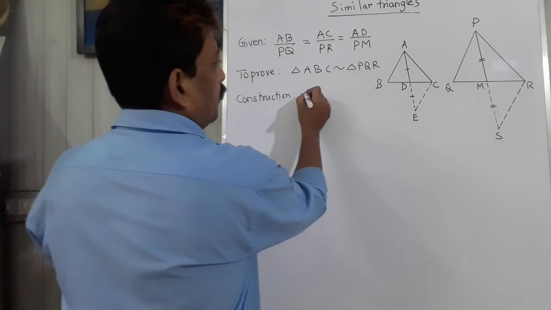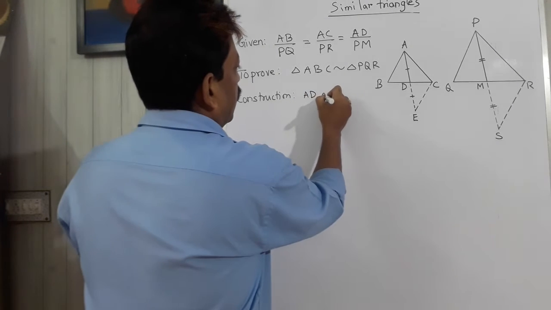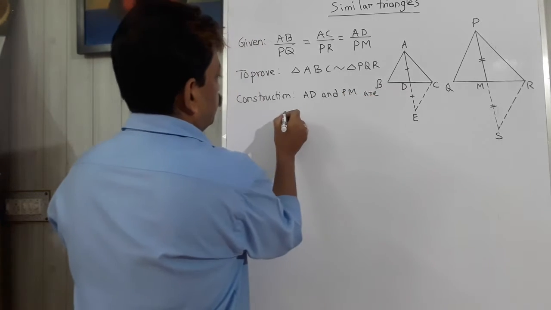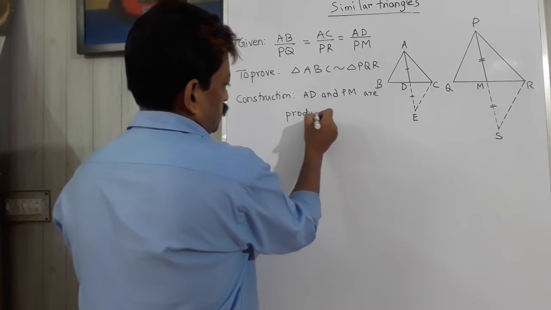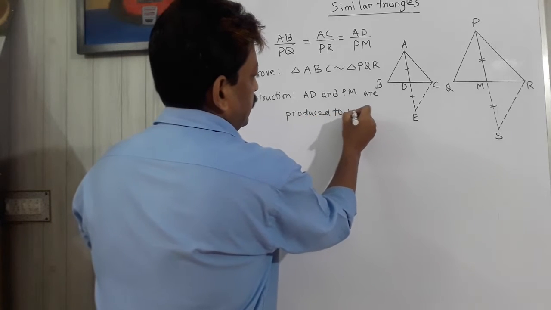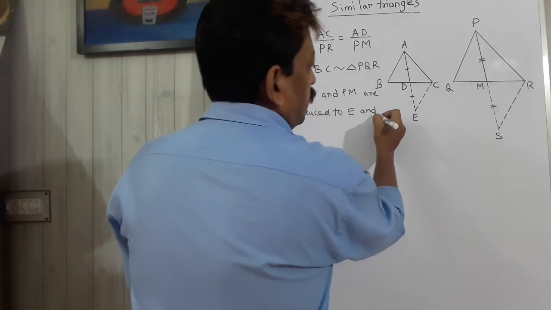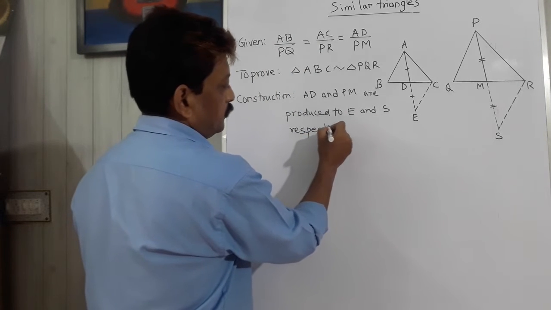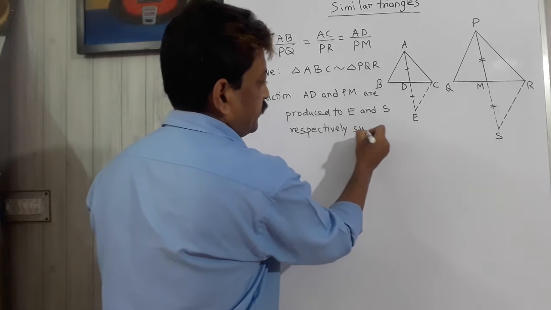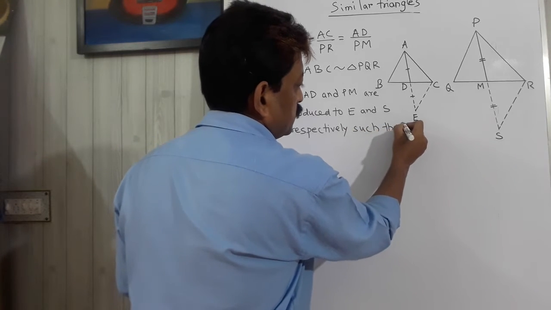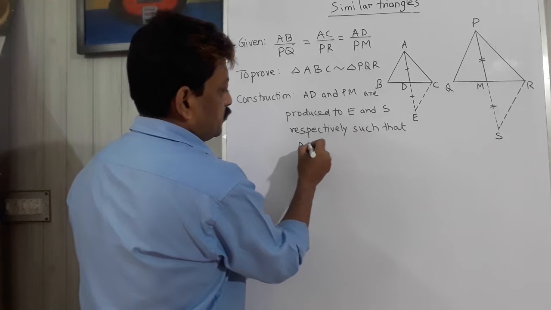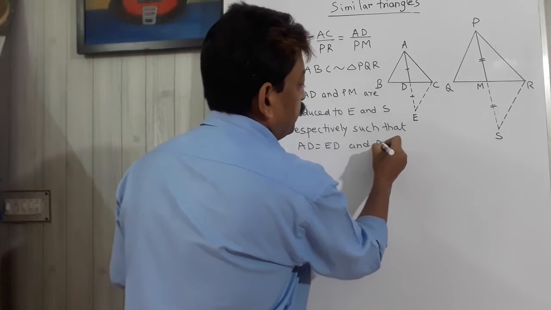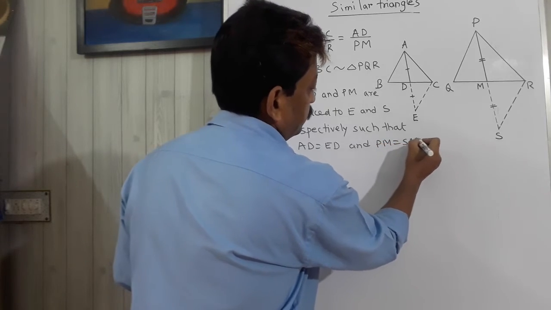So AD and PM are produced to E and S respectively, such that AD is equals to DE and PM equals to SM.